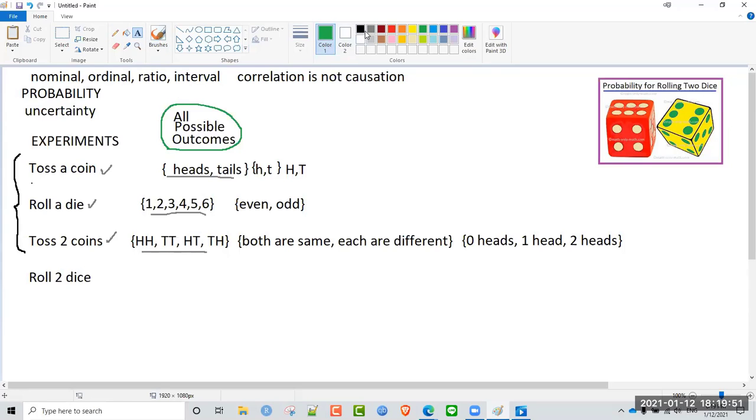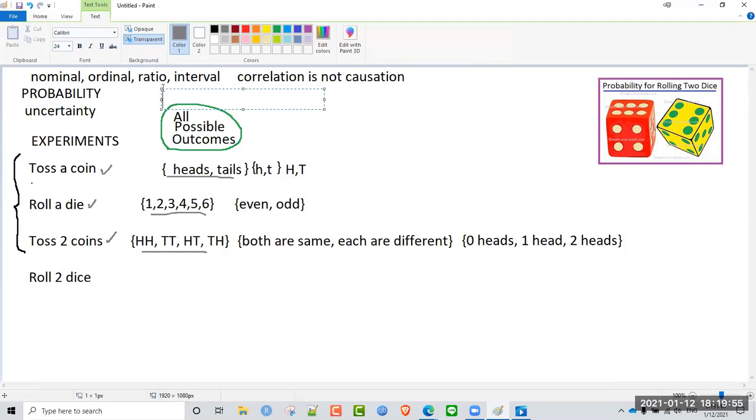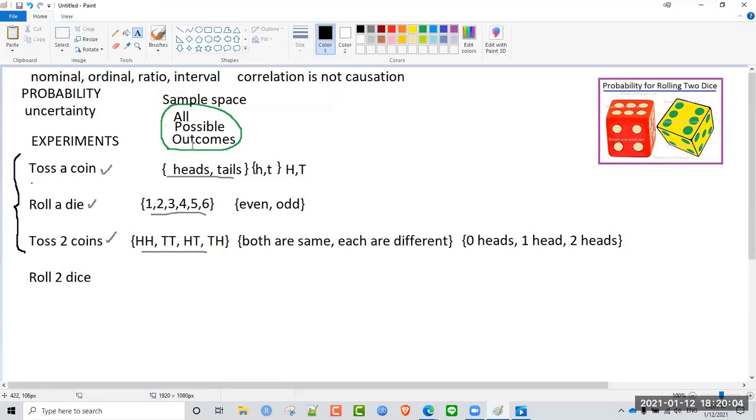So anyway, there's a special word for this, and it's called the sample space. Okay, so you have to learn that word. It just means this or this or this. These are called the sample space for this experiment. The sample space for rolling a die is here. The sample space for tossing 2 coins could be here, or here, or here. Okay, so that's the word, sample space.